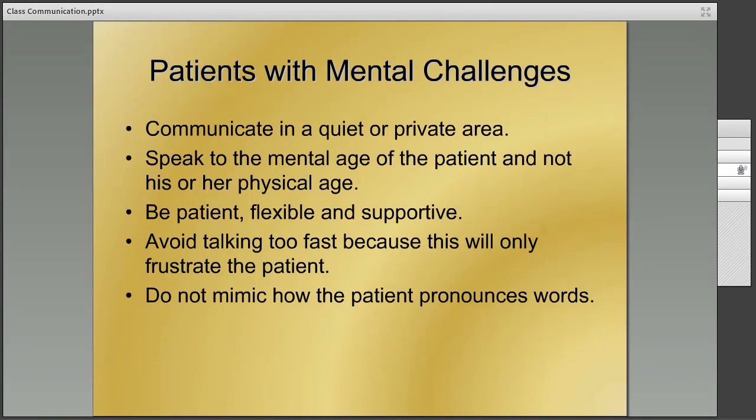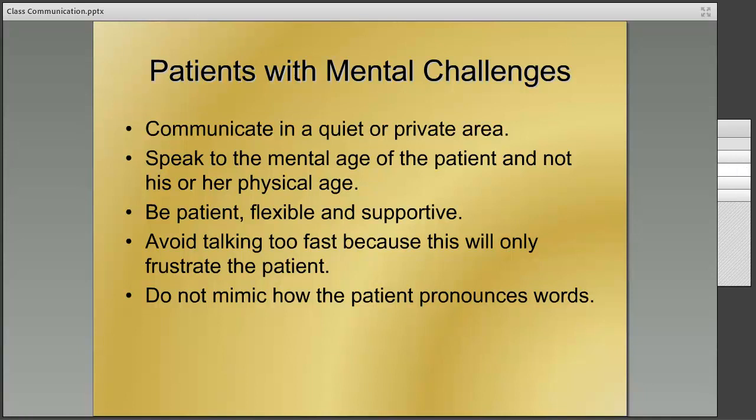Patients with mental challenges: sometimes these are individuals who maybe have a lower IQ, maybe individuals who are not going to be able to sign for themselves. Some of our autistic, I would say children, but they're growing into adults now, may be disturbed by any type of excitement.